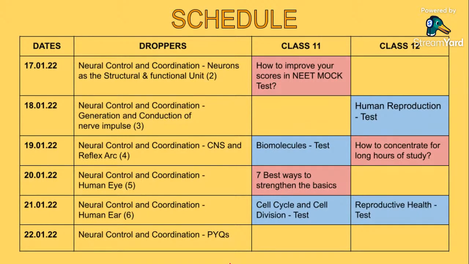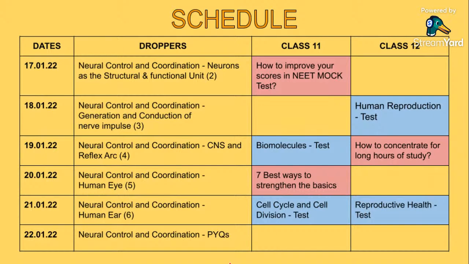Then tomorrow you'll have the test on human reproduction for NEET 2022 batch students in class 12, followed by neural control and coordination, generation and conduction of nerve impulse. Then on the 19th, you will have neural control and coordination lecture number 4, followed by a motivational session on how to concentrate for long hours of study. Also, for NEET 2022 and 2023 batch students, there will be a test on biomolecules. On the 20th, you will have neural control and coordination sense organ number 1, the human eye, followed by 7 basic ways to strengthen the basics of your NEET.